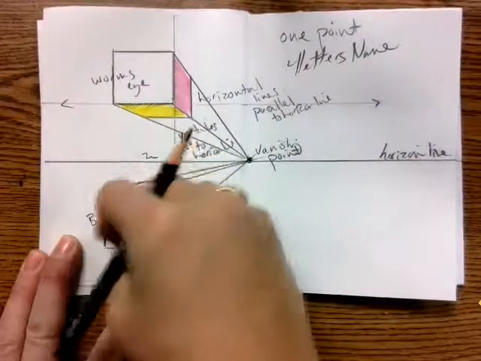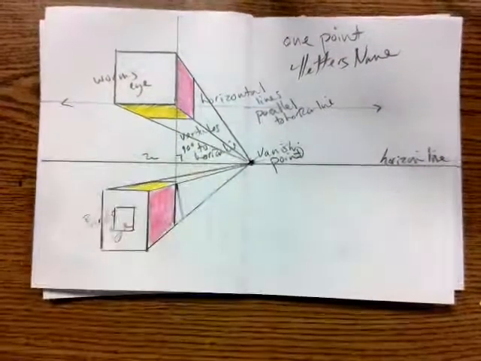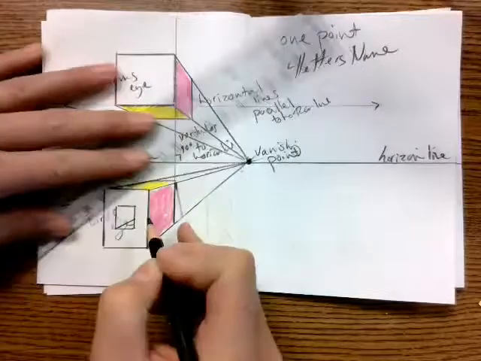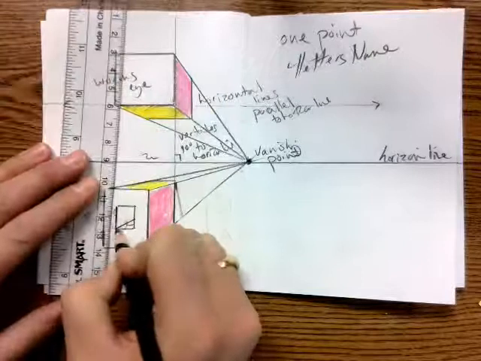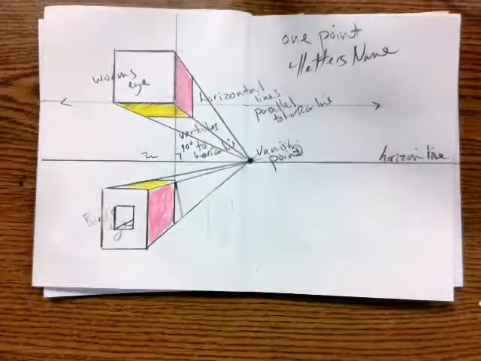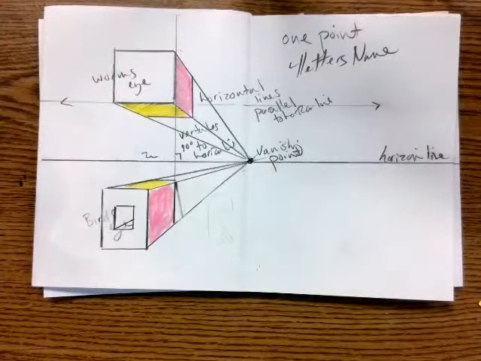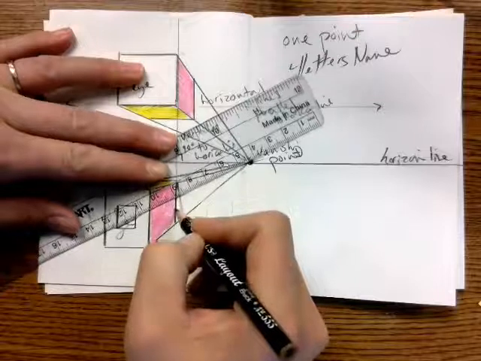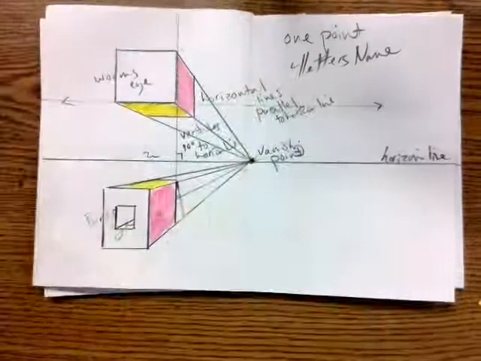I encourage you to only connect the ones that don't go through it. That's the only one I could connect, right? I wouldn't be able to connect another one because it would go through that box. If I was to continue that line, it would go through, right? I don't want to draw that, but that's what it would do.